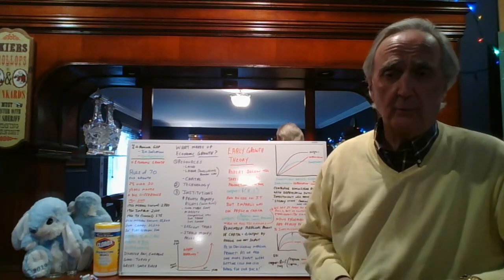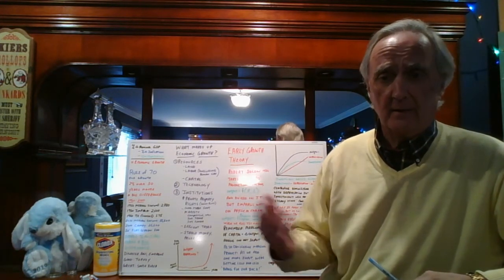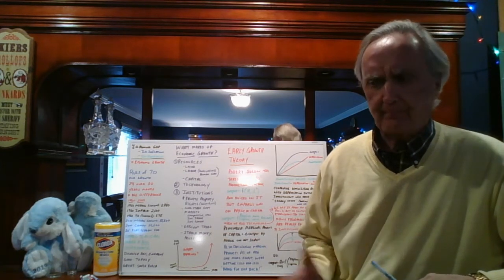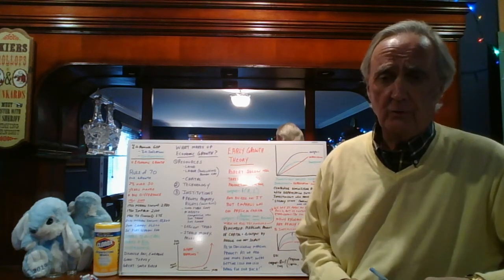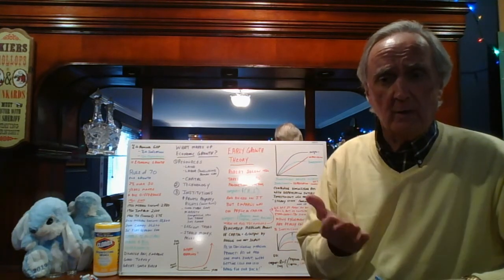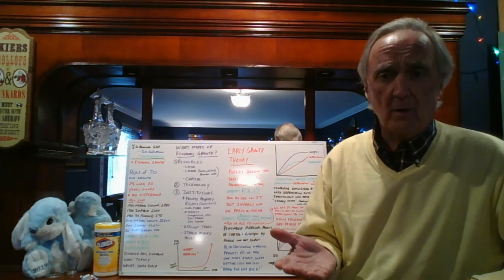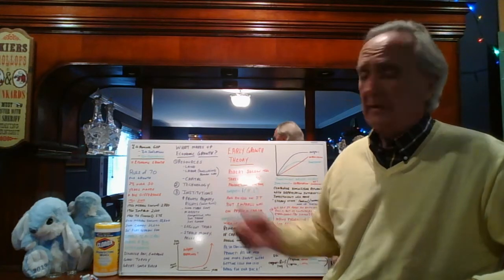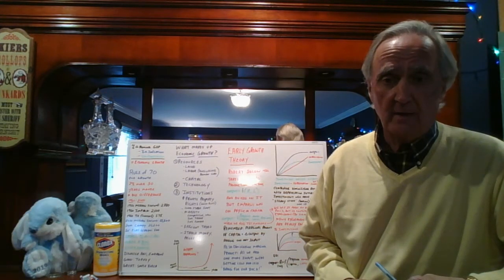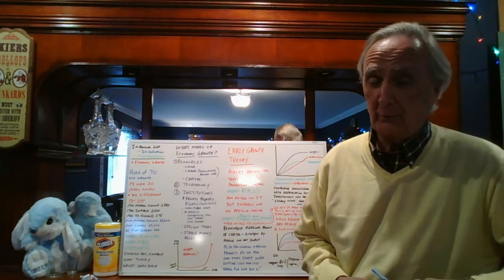So if you were buying long-term bonds at 2%, all you do is take whatever interest rate you're going to get and divide it into 70, and that will tell you how many years it's going to take you to double your money. In this case, it's 35.